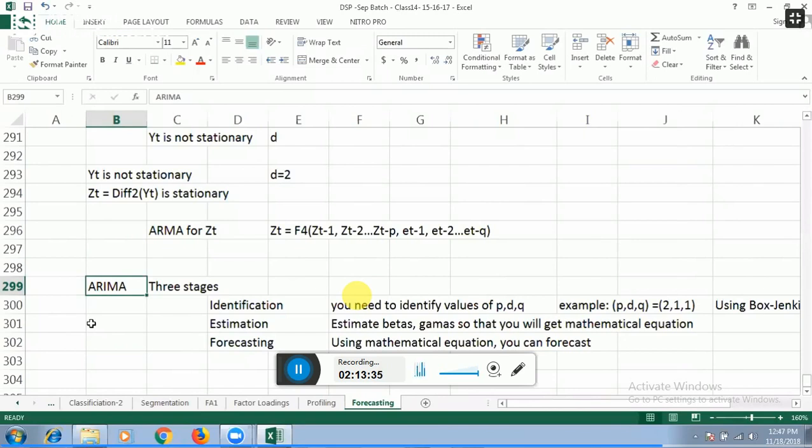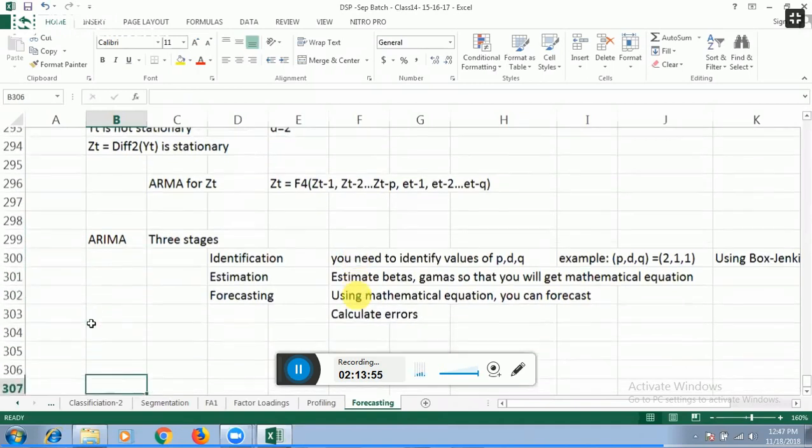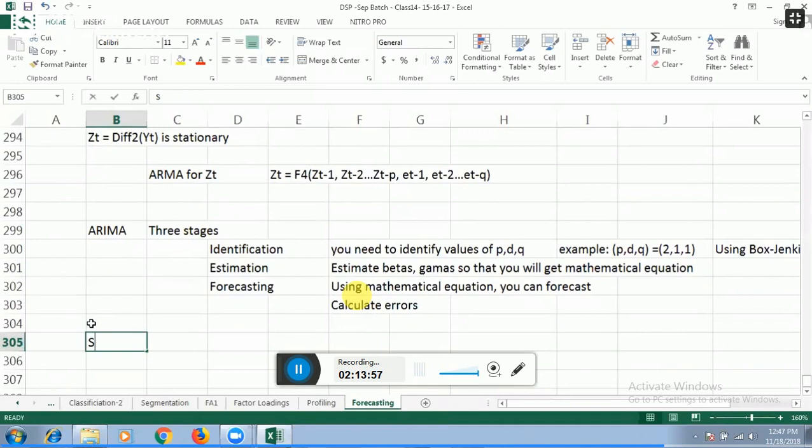So whenever I'm referring to ARIMA, this is a small PDQ. But in some cases, the data has seasonality or cyclicity within it, then you may not be able to use ARIMA, and you need to use seasonal ARIMA.